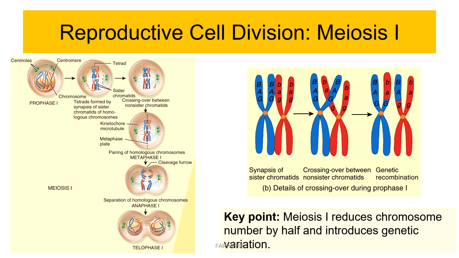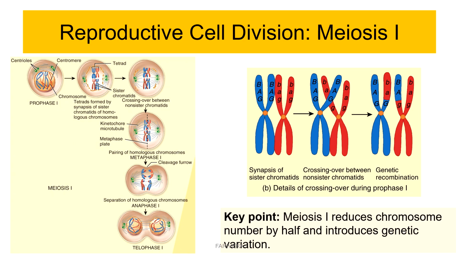It also contributes to genetic variation. Unlike mitosis, meiosis is associated with the production of reproductive cells. One important event occurring during meiosis is the interaction of homologous chromosomes, which can result in genetic recombination.